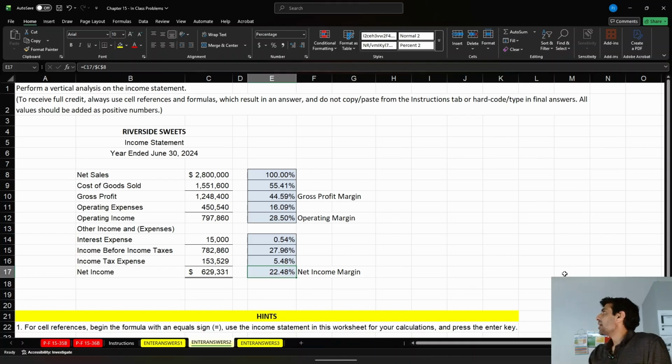So this vertical analysis is very useful for looking at margins, okay? And seeing also your operating expenses, right? It's 16% this year. Maybe you look at last year and compare what percentage was operating expenses last year and the year before that, and you can see what the trend is. You would hope that it's proportionally the same as revenue, because of course your revenue is changing every year too, right?